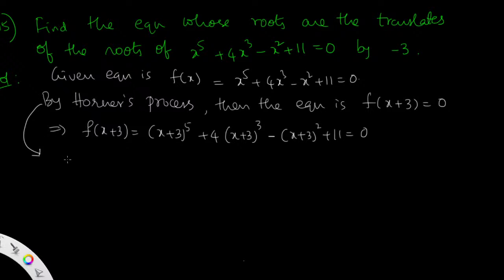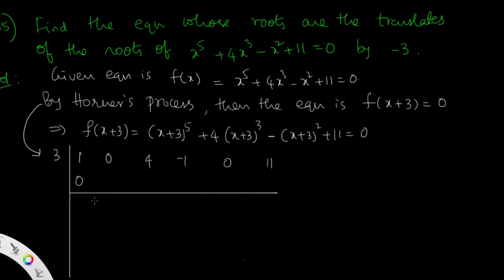So let us consider the divisor as 3, taking Horner's process, the easiest method. The coefficients are 1 and then 0. Why? Because the fourth power is not there, so keep it as 0, and then 4, and x square is there, that is minus 1. X is not there, so 0, and the constant is 11.